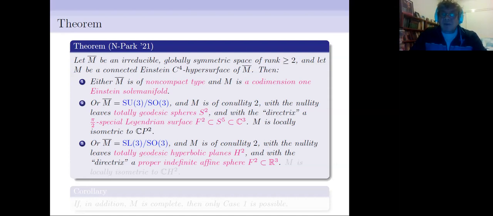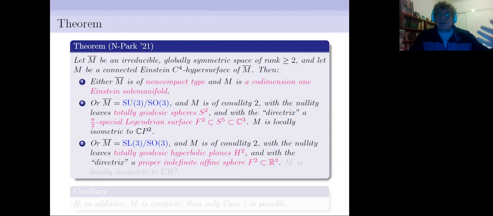of the same Einstein constant as the ambient space. And we have a somewhat dual statement. So if instead of SU3 by SO3, you look at SL3 by SO3, then again your hypersurface, if it is Einstein, must be of nullity 2, with the nullity leaves being totally geodesic, this time hyperbolic planes.